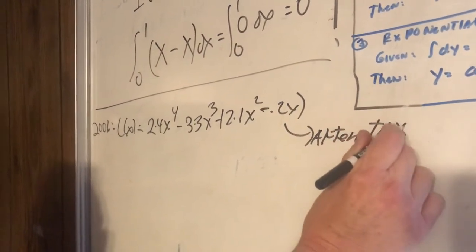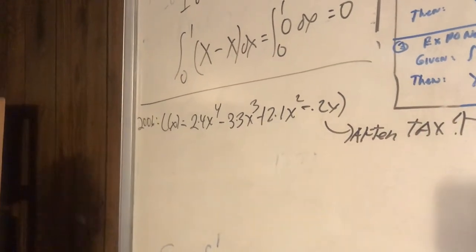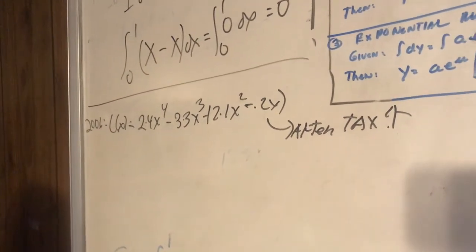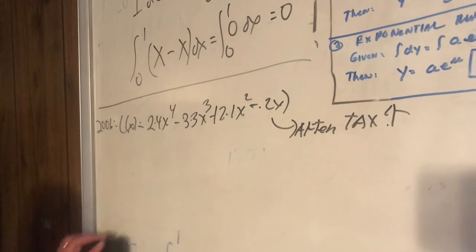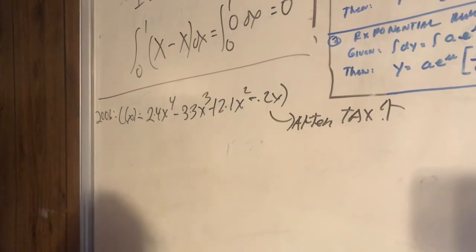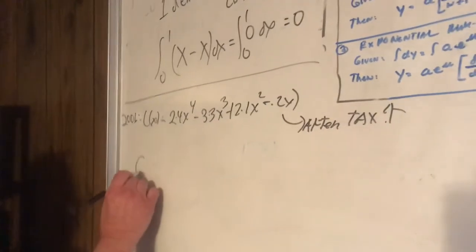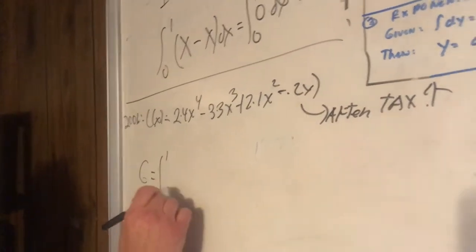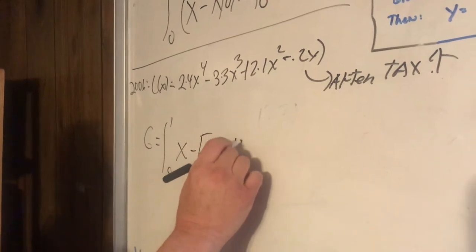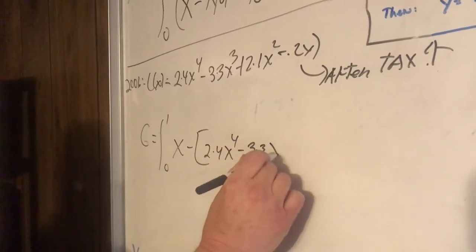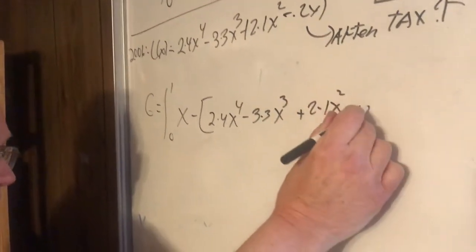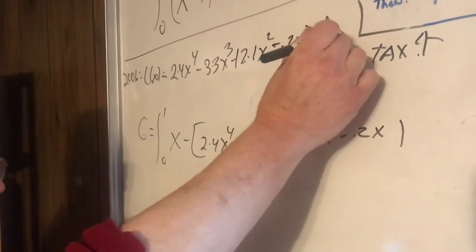One year after the taxes, after the tax increase. So before that, this was different. Obviously, it's not y equals x, so it's not going to be 0. So let's see what happens here. Let's substitute in our integral 0, 1, x minus 2.4x to the 4th minus 3.3x to the 3rd plus 2.1x squared minus 0.2x dx.